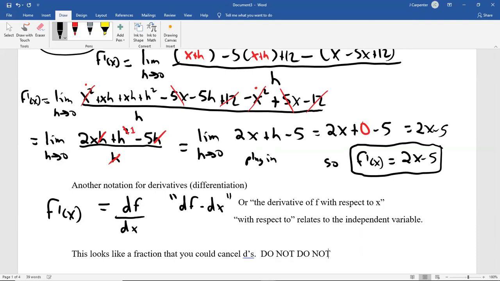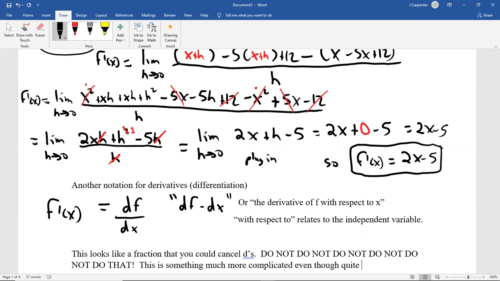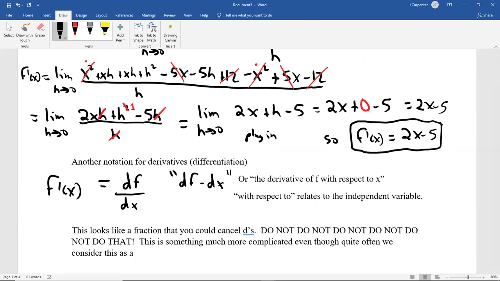Do not do that. This is something much more complicated, even though quite often we consider this as a fraction. It's not really a fraction, but a lot of the operations we can do with it act like it's a fraction.